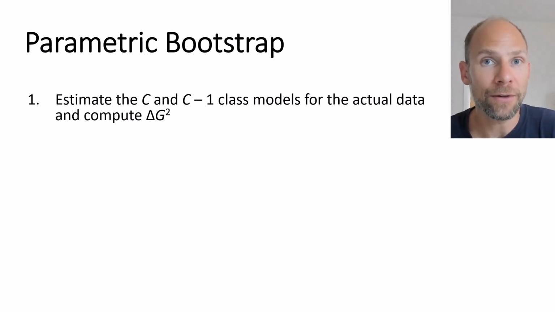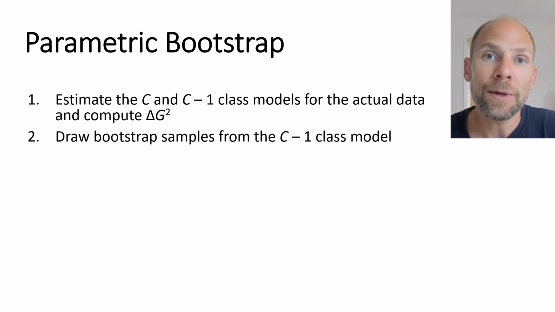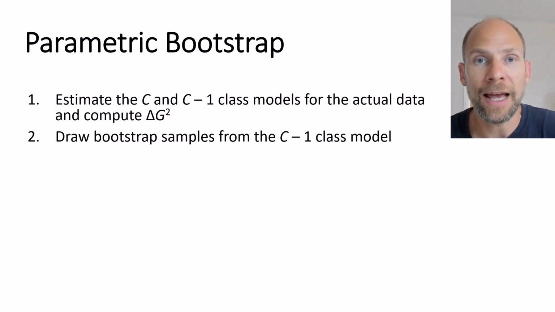So we take the difference between the two models in their likelihood ratio statistics, and then in the next step we use the model with one fewer class, for example the 2-class model, as a population model, and we draw bootstrap samples from that model.